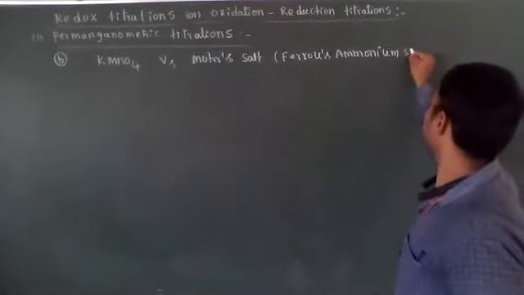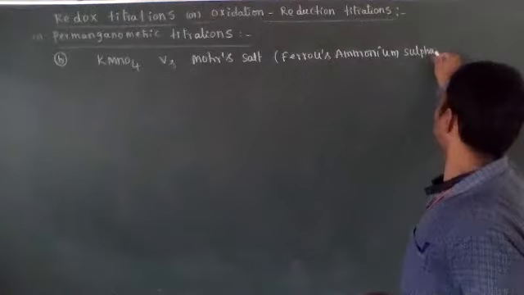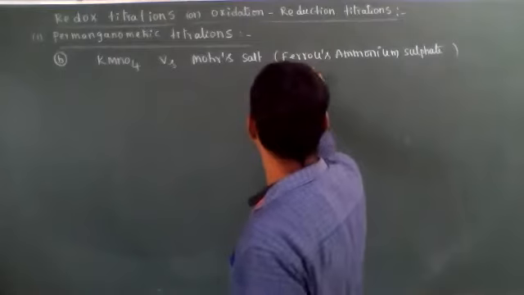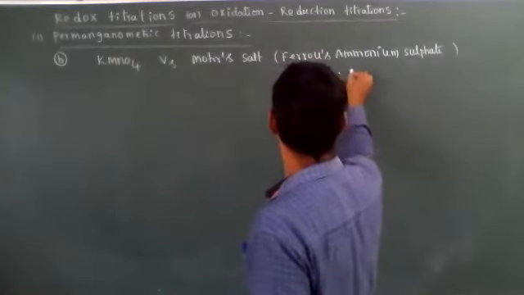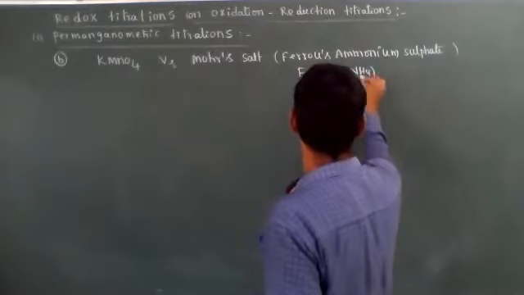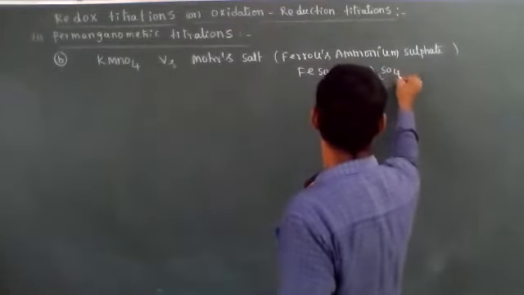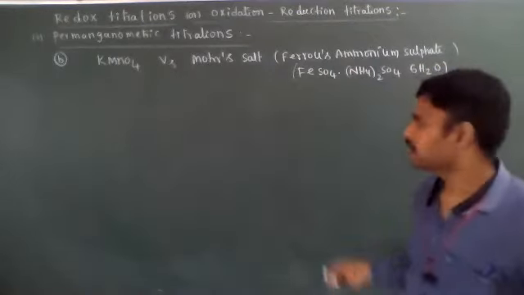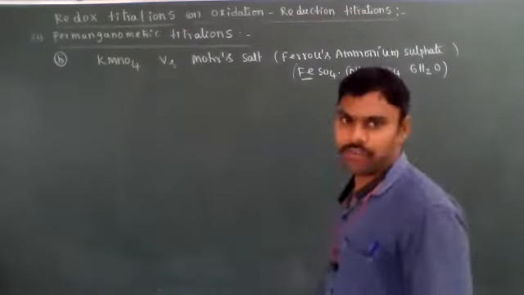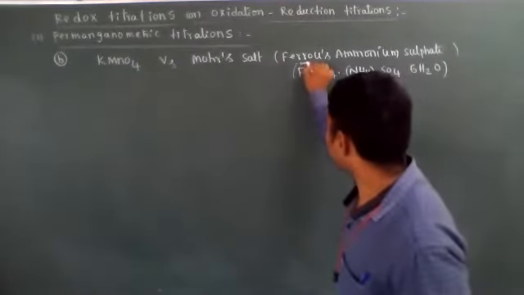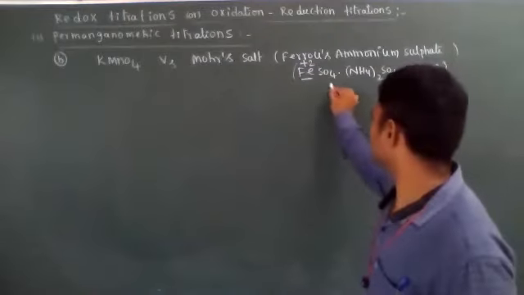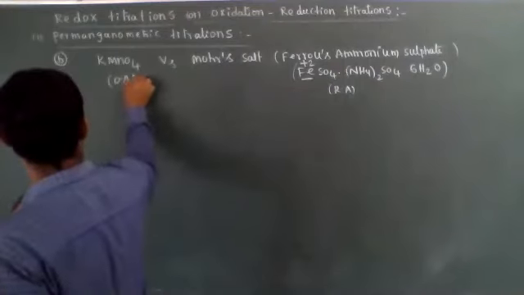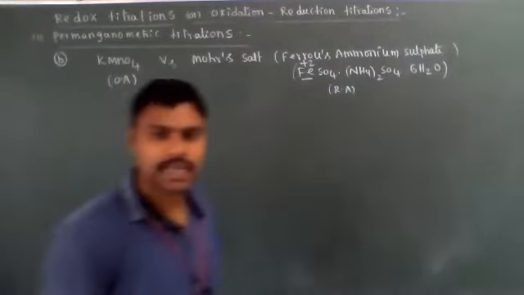Its formula is FeSO4, (NH4)2SO4, 6H2O. Okay, this is the ferrous sulfate. In the ionic form of ferrous ammonium sulfate or Morse salt, the active part is Fe+2. It acts as a reducing agent. KMnO4 acts as an oxidizing agent. OA means oxidizing agent, RA means reducing agent.